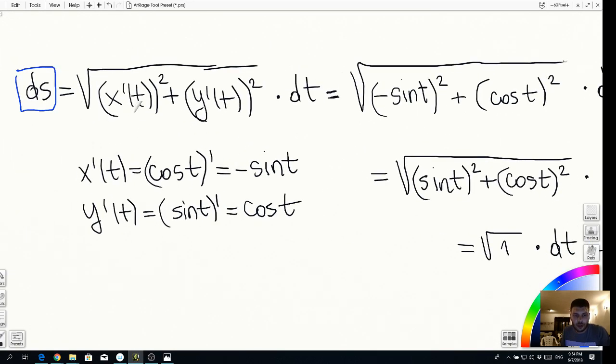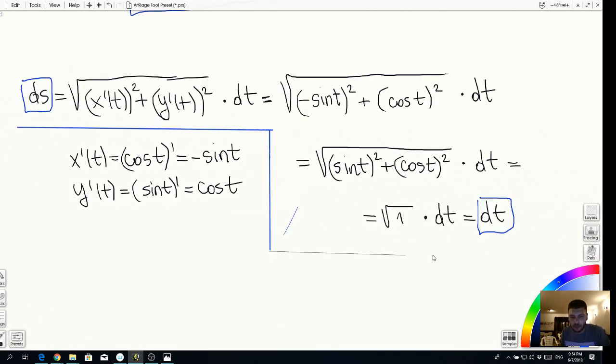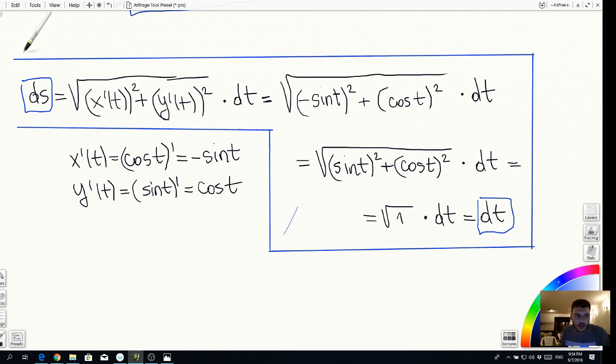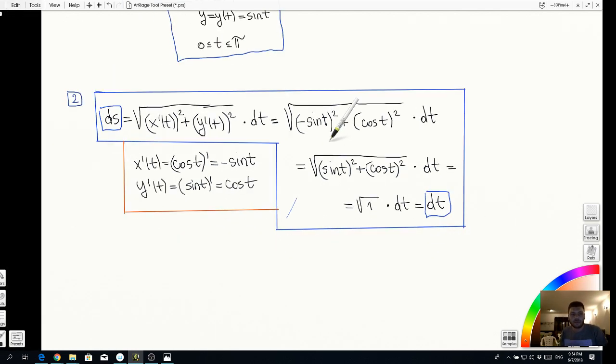Okay, let's just frame our calculations, something like this. Okay, and these were our help calculations, finding derivatives of x and y.